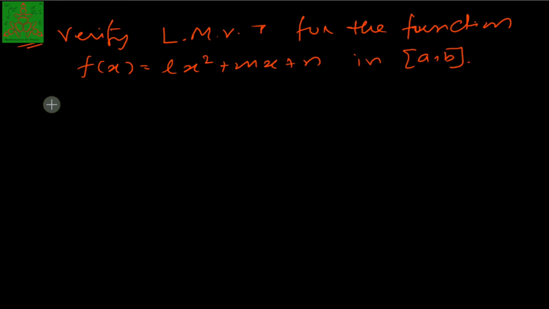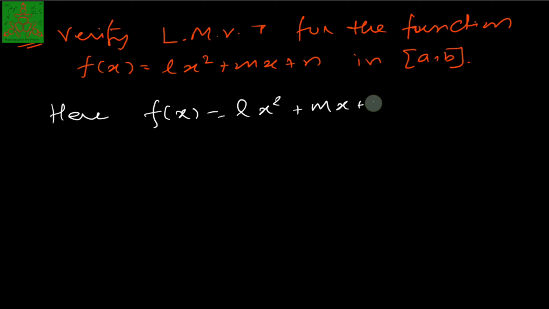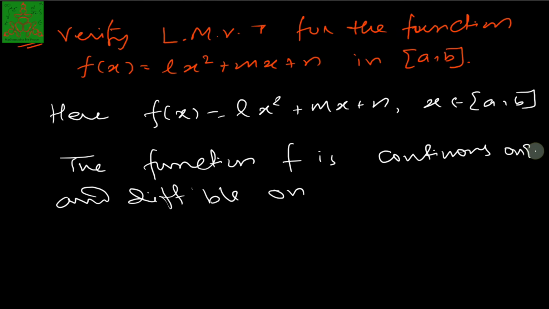Here the function is f(x) equal to l x squared plus m x plus n, where x belongs to the closed interval [a, b]. This function f is continuous because it is a polynomial, and it is differentiable for the same reason. So f is continuous on the closed interval [a, b] and differentiable on the open interval (a, b), as f is a polynomial function.